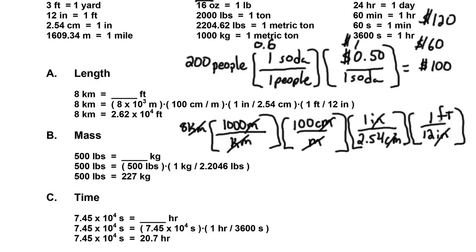And I get 26246.7, and then let me write it out here. 26246.7 feet. So I can bring that decimal point over once, twice, 3 times, 4 times, and I get 2.62 times 10 to the 4 feet, which is what we got up here as our answer.